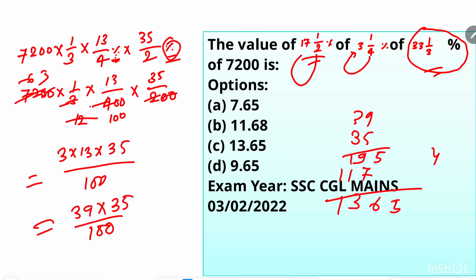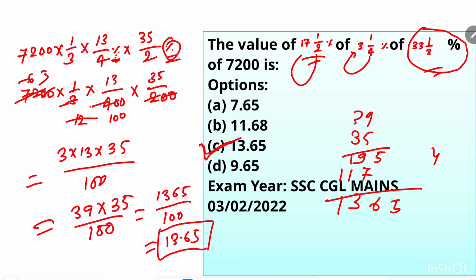And we have 100 in the denominator. If you divide 1365 by 100, how much will it give? 13.65. And which option do we have? Option C. This is easy, right?